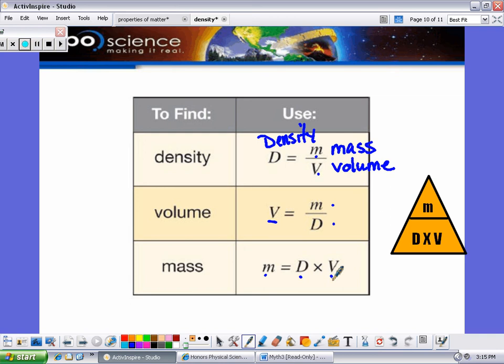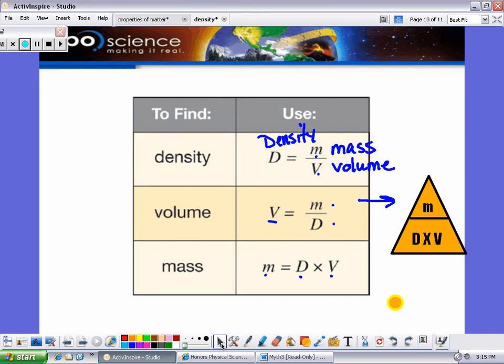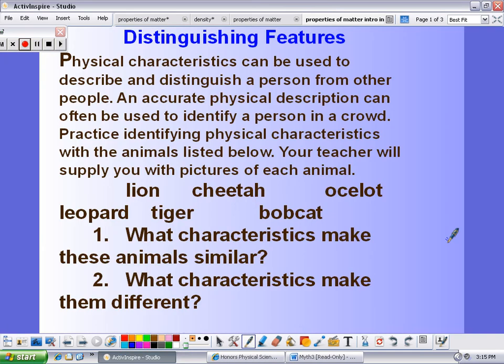Another simple way is to use what we call a formula triangle. Here you have the same parts: mass, density, and volume. Now, if I take a question and I say, what is the density of an object? I cover up D, and it gives me the equation of mass divided by my volume.